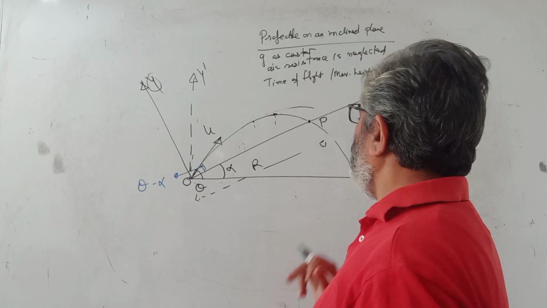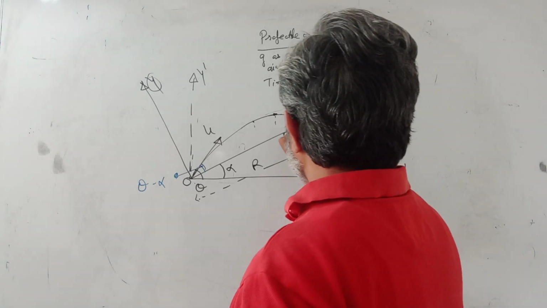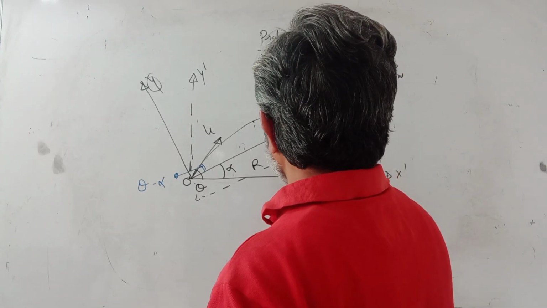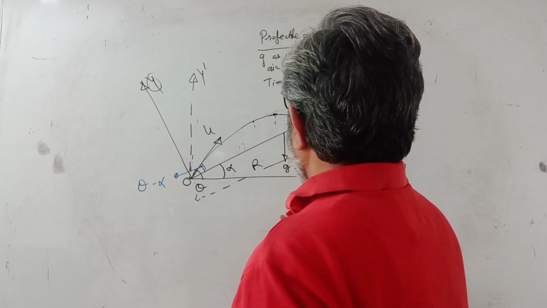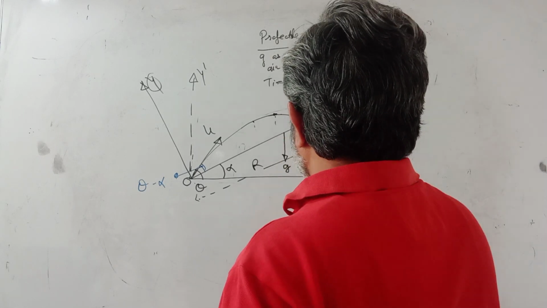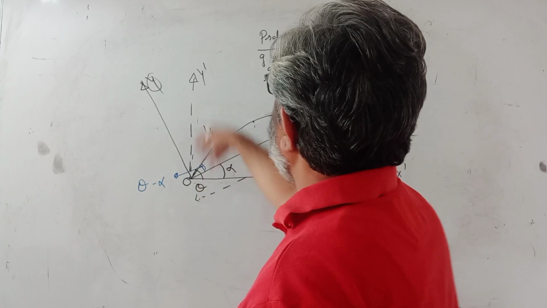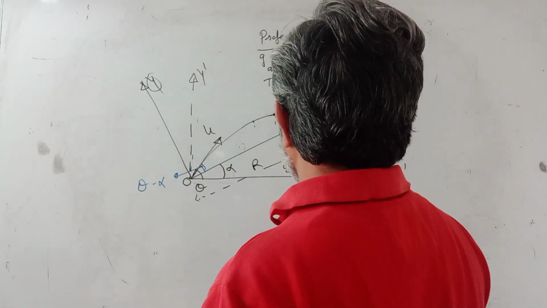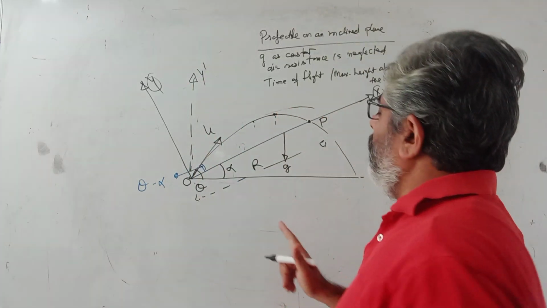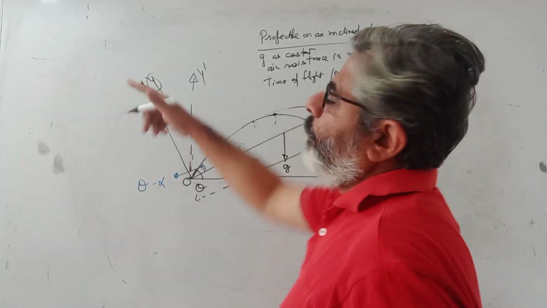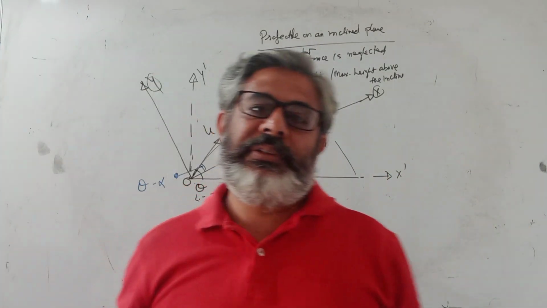But there is one more problem here. Suppose your g is like this, but this g is perpendicular to this, or in this y dash direction, you can say. So if you choose this x and this y, then both components of acceleration appear.